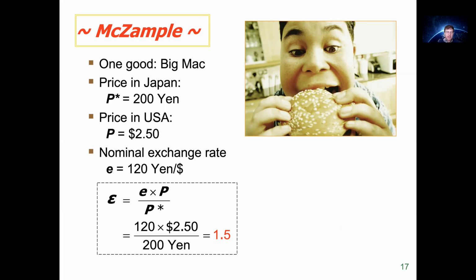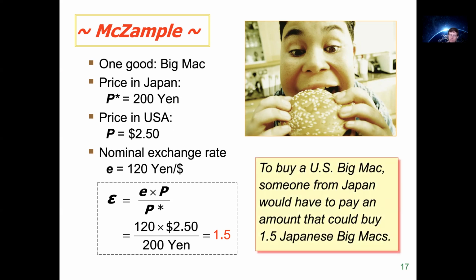And it's 300 yen here. Back in Tokyo, it was 200 yen. So it's 1.5 times as expensive in the US. Sounds a little bit expensive. And of course, that's the same as saying, wow, I could have bought 1.5 Big Macs in Tokyo for what it's costing me to buy 1 Big Mac here.